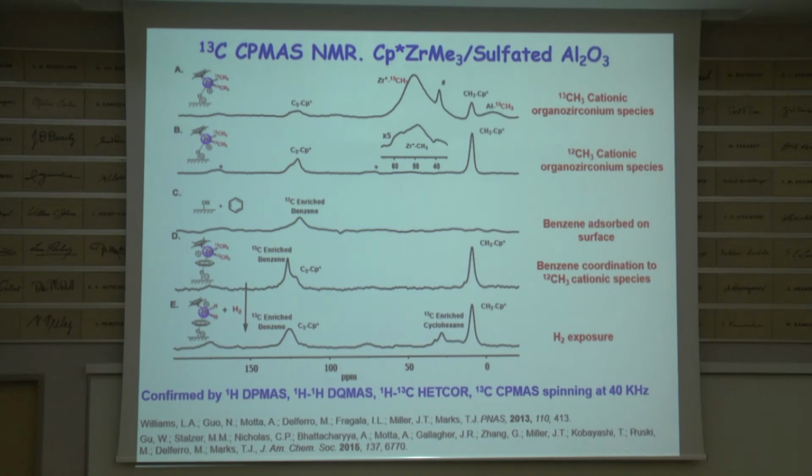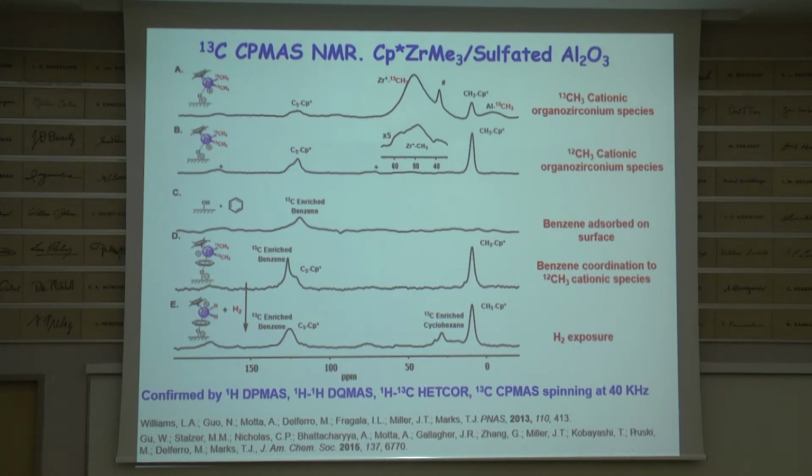And now you see a benzene signal, but it is shifted from here. In fact, it looks sort of like the position at which some d0 benzene complexes in the literature have been reported. And now we add hydrogen, and the benzene signal is gone. All we see is cyclohexane.